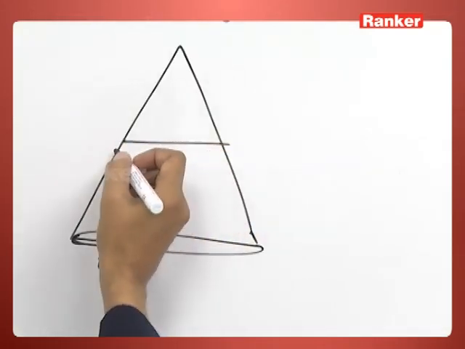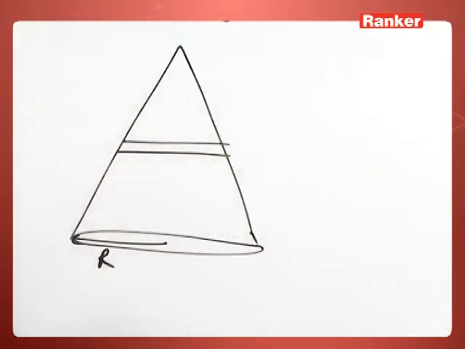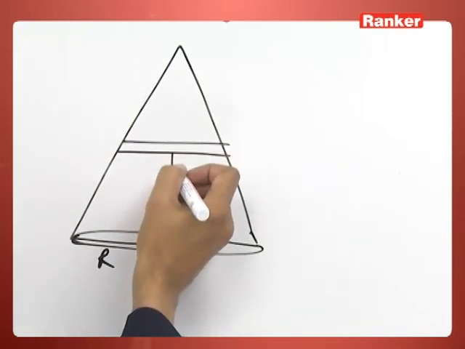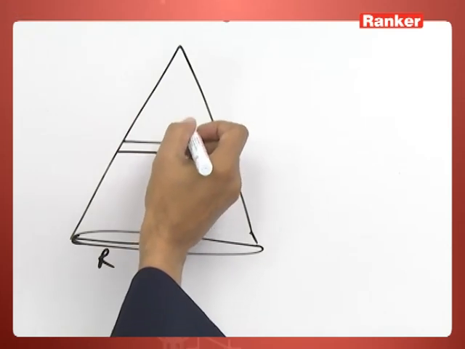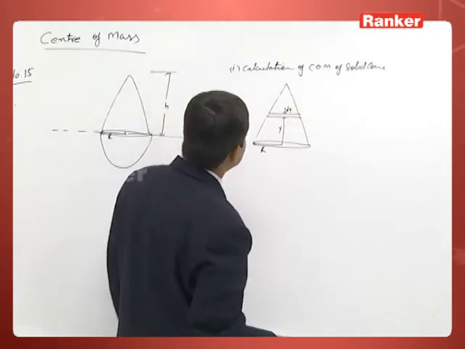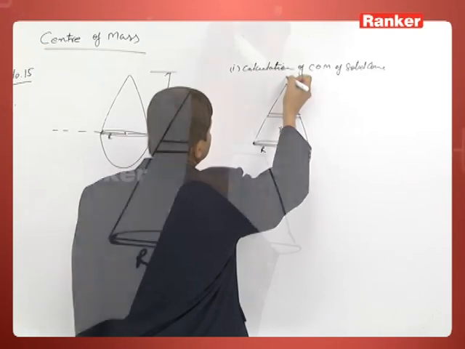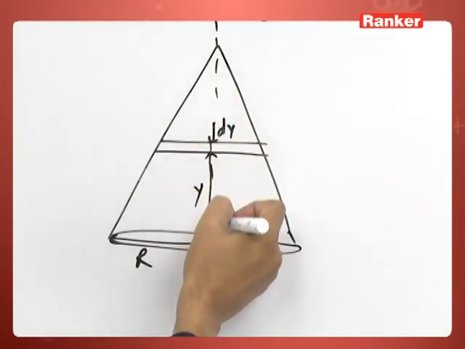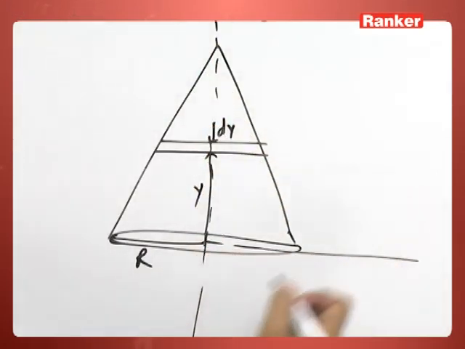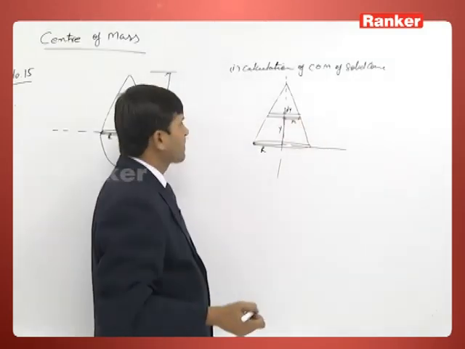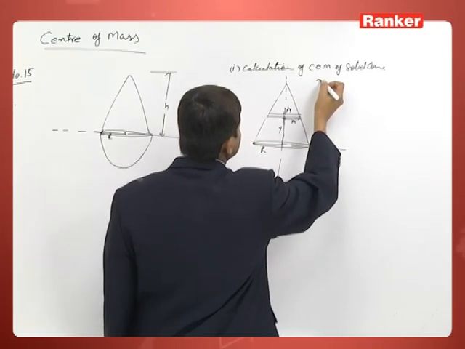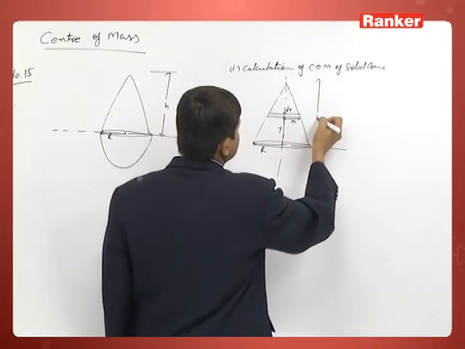So let here, at y distance, a small element dy, and let the radius here be x, and the total height is given as h.